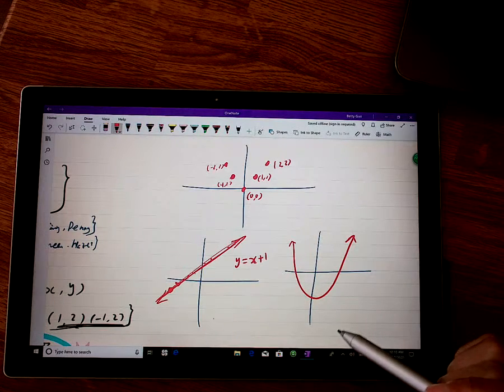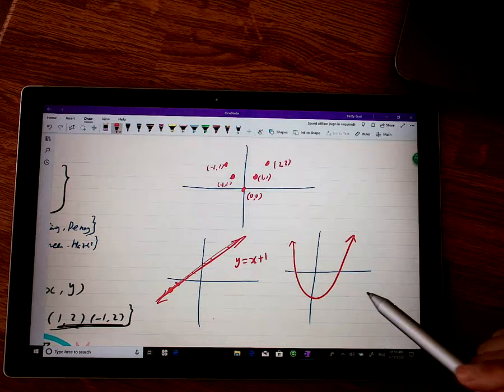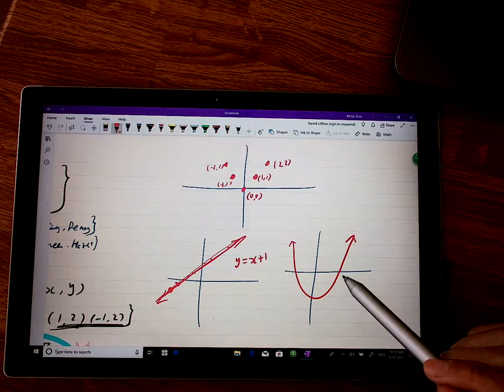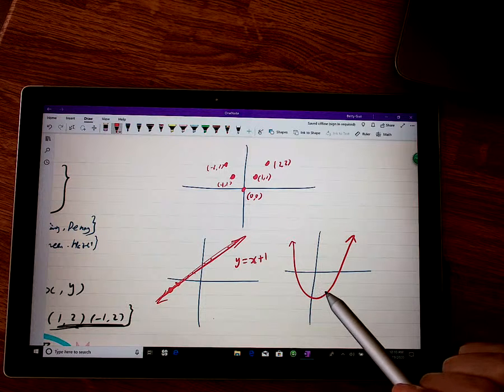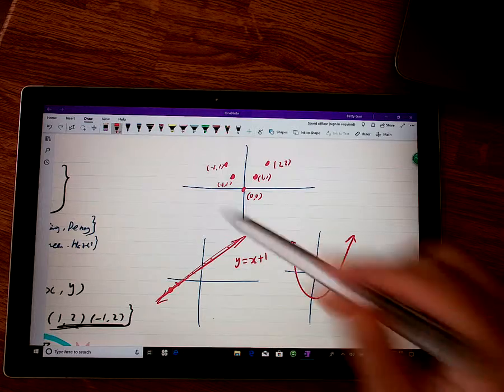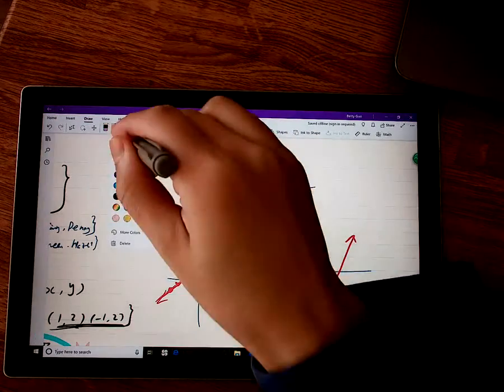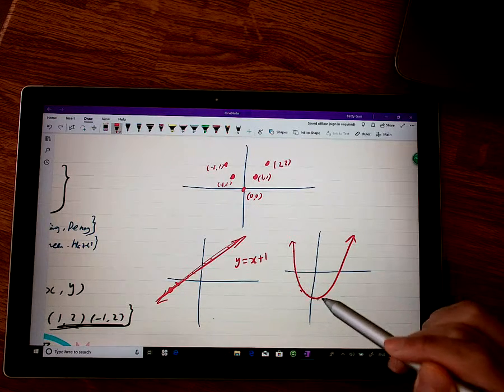A parabola. A parabola is also a graph in the two-dimensional space, and we need to determine if this parabola is a relation. Again, a relation is defined as a set of ordered pairs. Same idea actually. How many points do we have on the parabola?